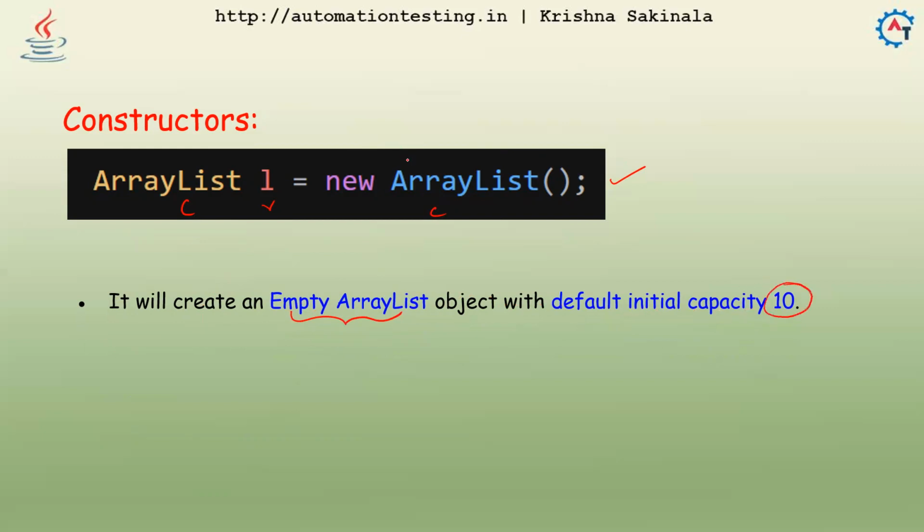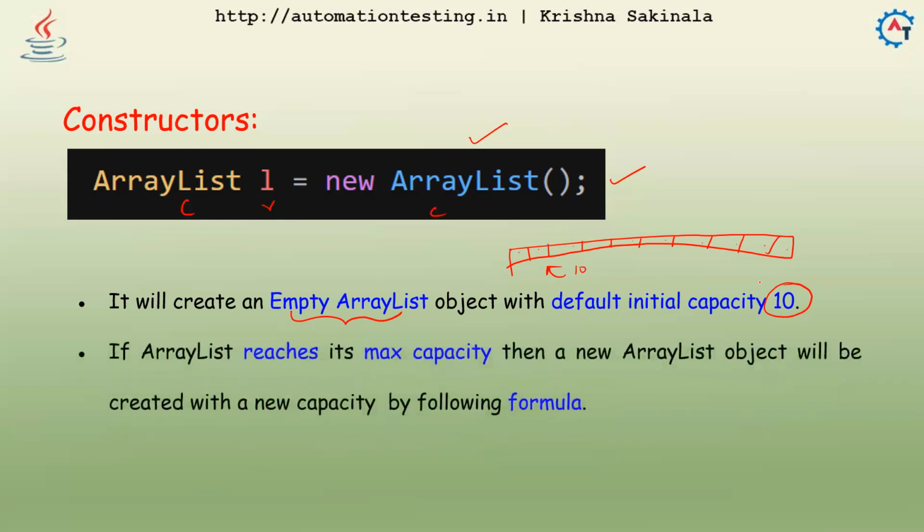We are saying it will hold multiple values, so the moment you create an ArrayList like this, it will create an array with 1, 2, 3, up to 10 slots. With this initial capacity of 10, you will not have any elements inside, all are empty. So this is how it will create an empty ArrayList object with the default initial capacity 10.